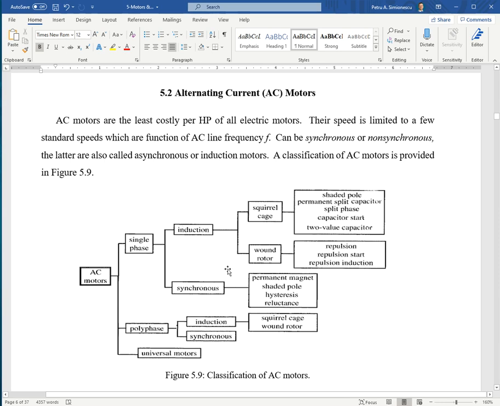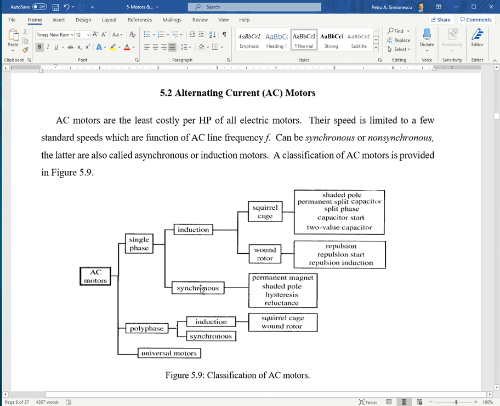Instead, current is induced by the variable field of the stator into the windings, which could be a squirrel cage or wire windings of the rotor, and their interaction causes the rotation of the rotor. Again, these are the most common ones, the induction.